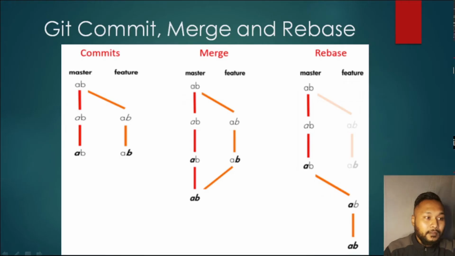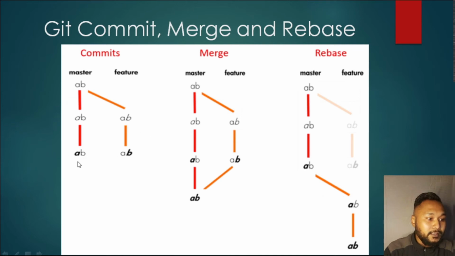For further clarity, we have this figure to compare commit, merge, and rebase. In the commits, in master, let's say we have the processes A and B, and in master only A has been altered, and in feature only B has been altered.